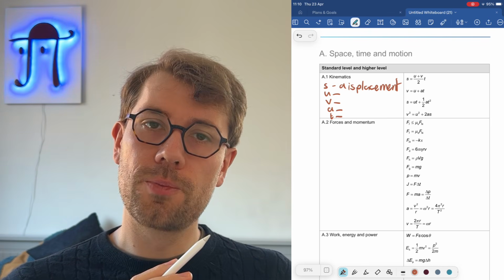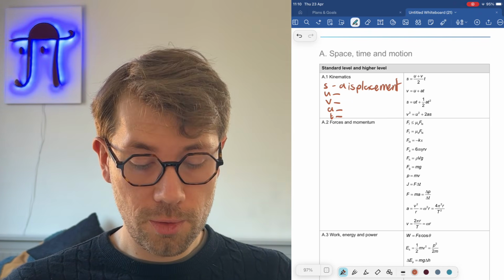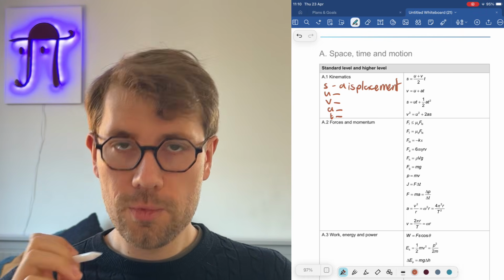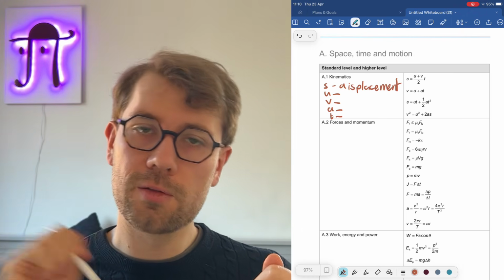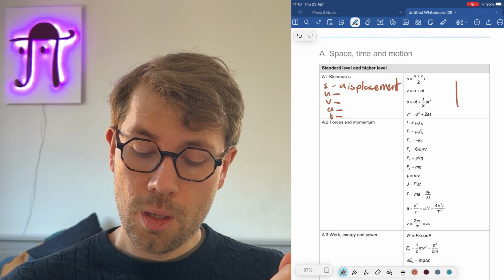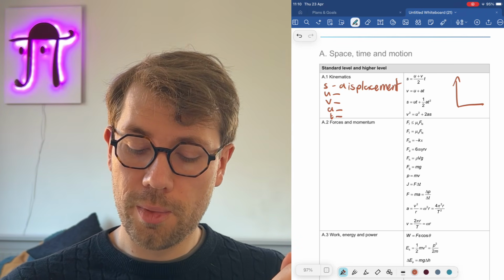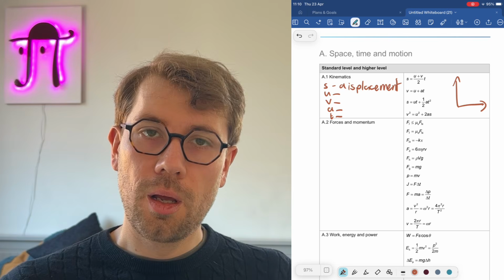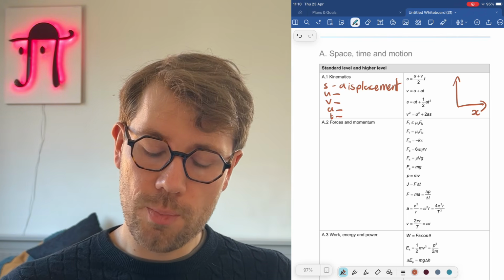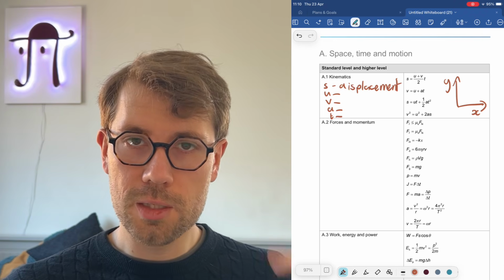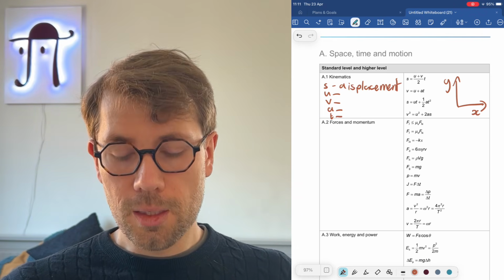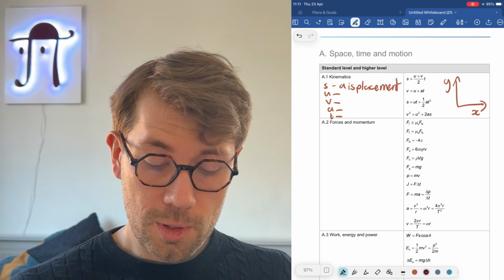Another top tip for projectiles is I've written all of these letters here. If I'm doing projectiles in 2 dimensions, so I've got a y direction and an x direction, my vertical and my horizontal, I want to think of them separately, but I'm going to use the same letters to represent them: S, U, V, A, and T. So I want to use subscripts.